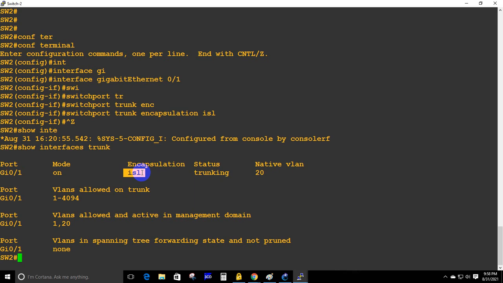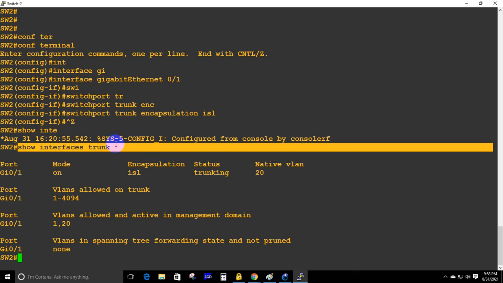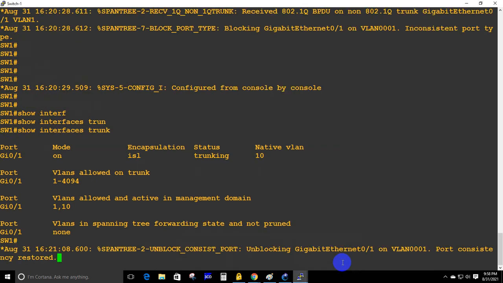After executing every command, you must verify whether the execution is working properly or not. That's why we have show commands for verification. Okay. Yes, sir. Now ping from PC1 to PC2.